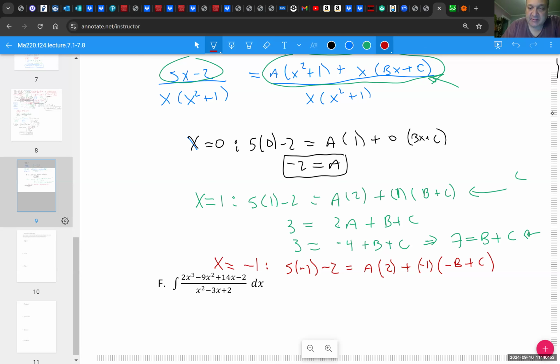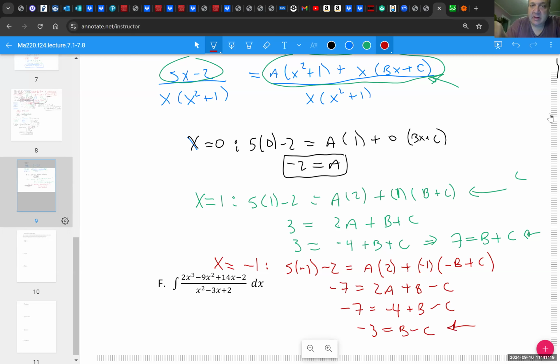So -5 minus 2 is -7. This is 2a, and then this is -1 times minus b, and -1 times positive c. Let's not forget to put the a value in there. A is once again -2. And I can add 4 to both sides to get this guy right here.